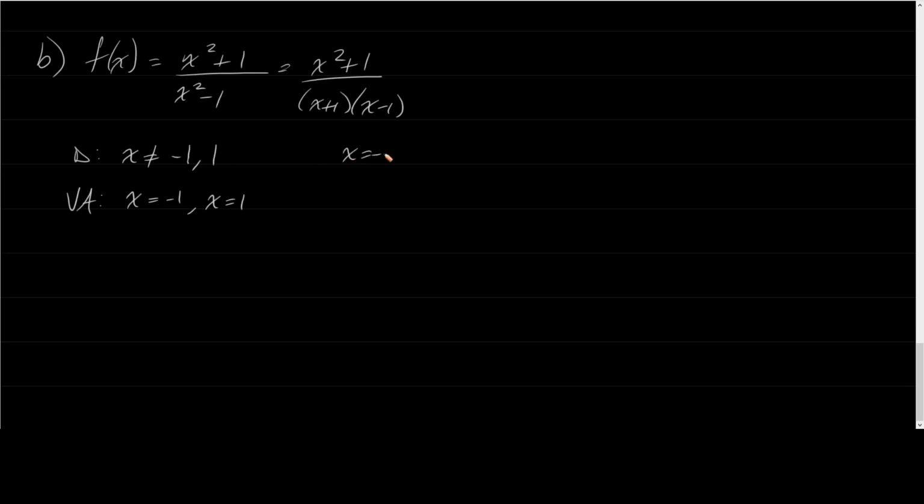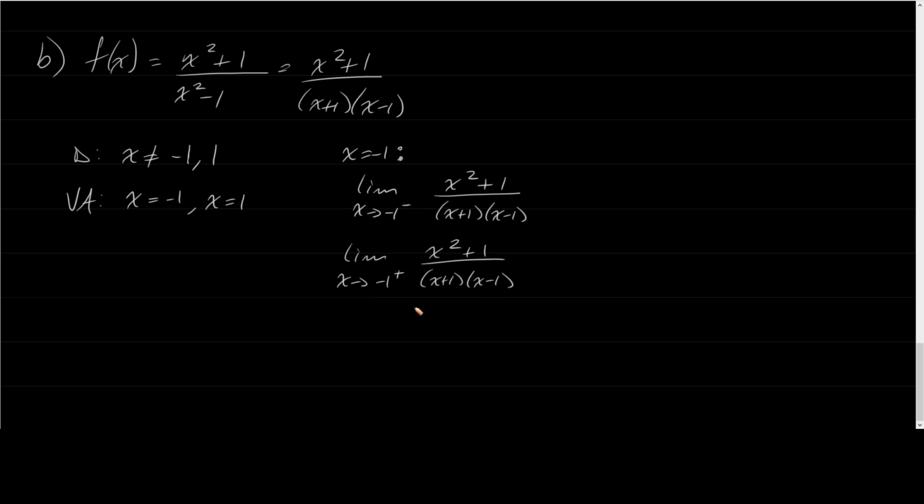So for x equals -1, we're going to take the limit as x approaches -1 from the left of our function. So we had x squared plus 1 over x plus 1 times x minus 1, right? And we're also going to do that going to -1 from the right of x squared plus 1 over x plus 1 times x minus 1.